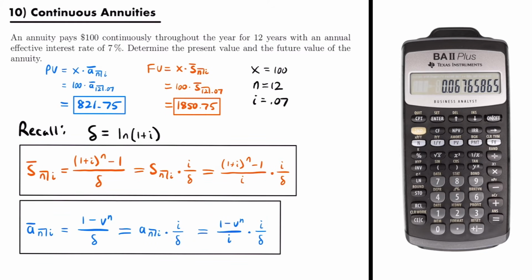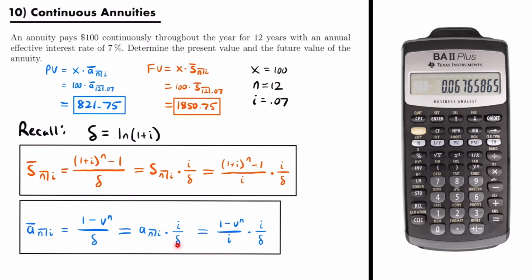And so I'm going to show you a little trick here. Rather than save this value and then recall it in order to divide 0.07 by it, what I'm going to do is divide this force of interest by the interest rate, 0.07, and then hit the reciprocal button, and that will flip it so that it will be correct. Right, so instead of having the interest rate divided by the force of interest, we're going to do it the other way around.